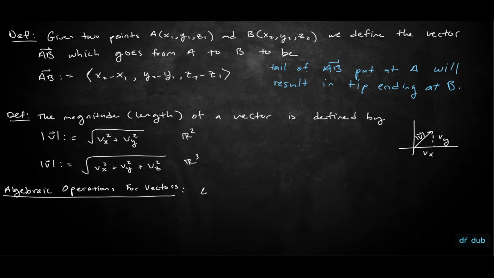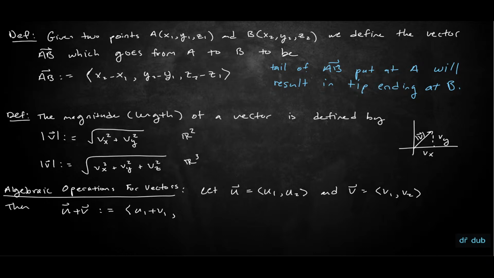We'll say let u equal u1 comma u2 and v equal v1 comma v2. Then u plus v is defined to be, algebraically at least, u1 plus v1 comma u2 plus v2.